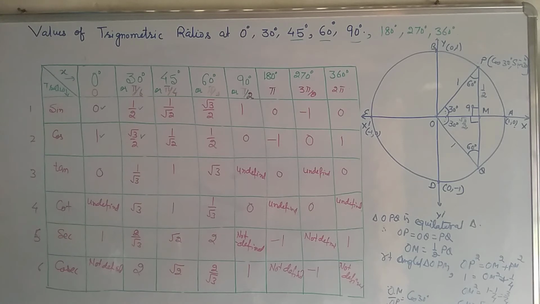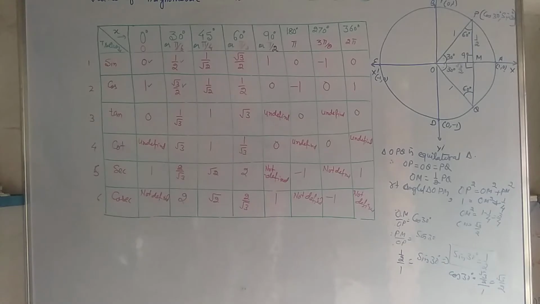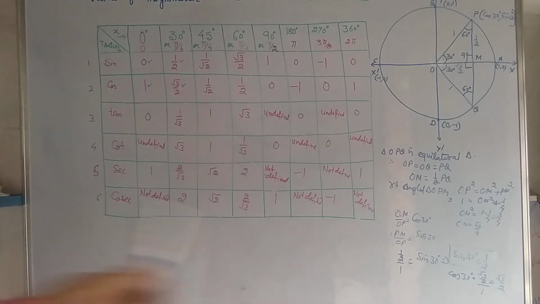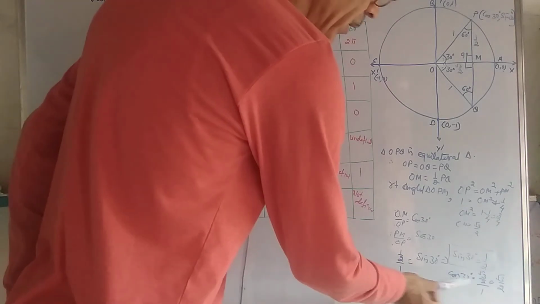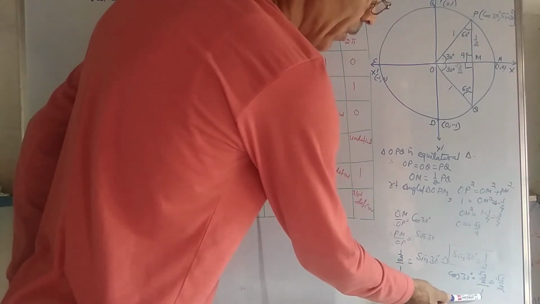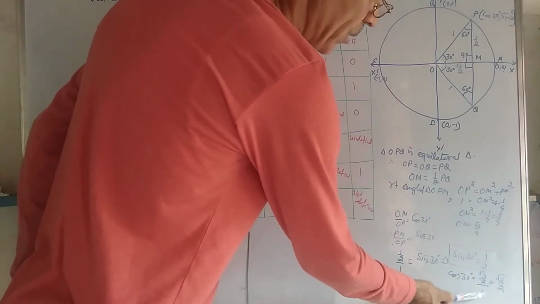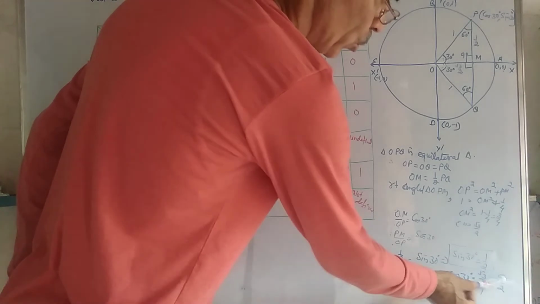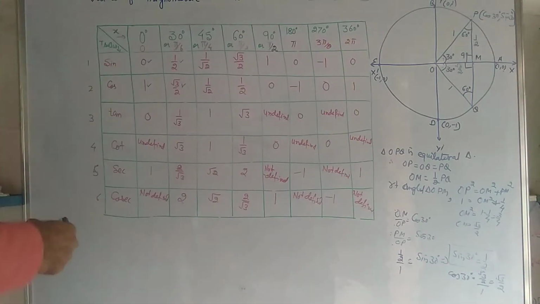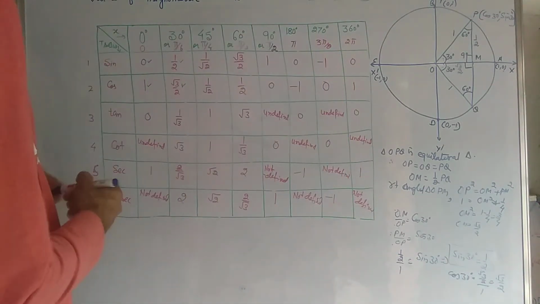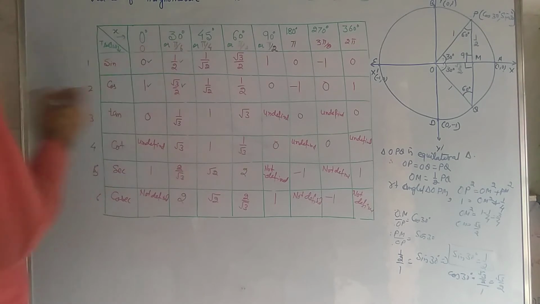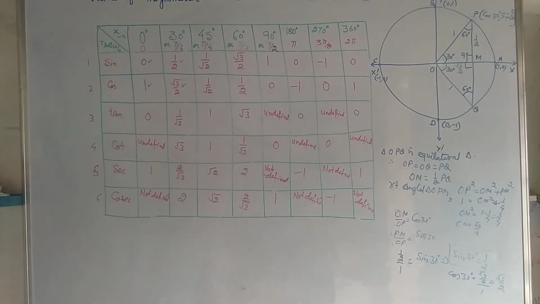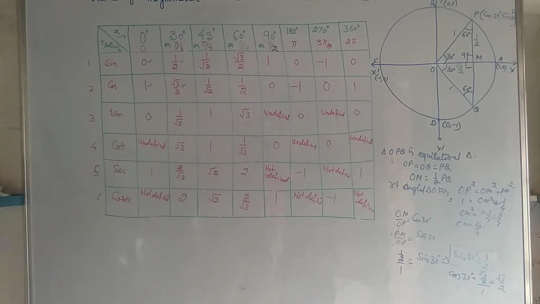OP is 1, OM is root 3 by 2, so cos 30 degree is root 3 by 2 and sine 30 degree is 1 by 2 here.